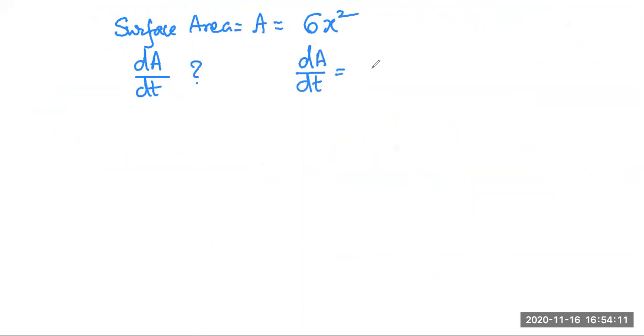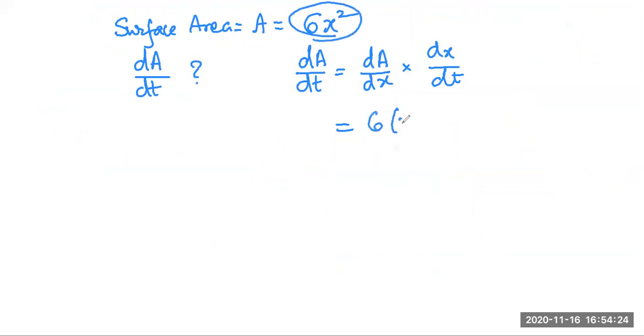But the variable is x. So we write dA by dx, chain rule, into dx by dt. dA by dx means we are differentiating this. We get 6 into 2x into dx by dt, which is 8 by 3x square centimeter cube per second. So this is dA by dt.